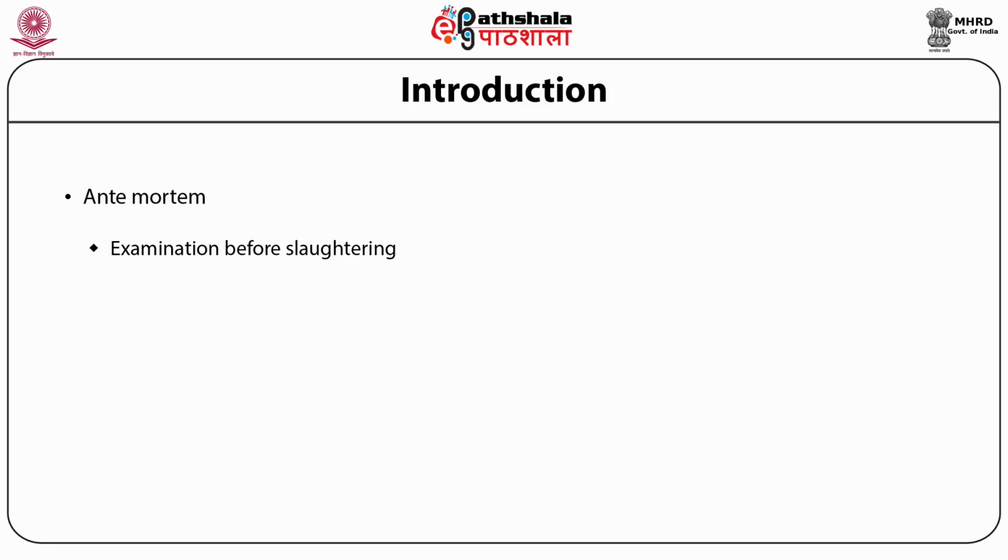Ante-mortem inspection plays a key role in the quality control and hazard controls in a meat processing industry, as the raw material determines the quality of final product. Thus, it is essential that a raw material should be properly observed for its qualities. In this case, animal is a raw material for its meat and derived products.